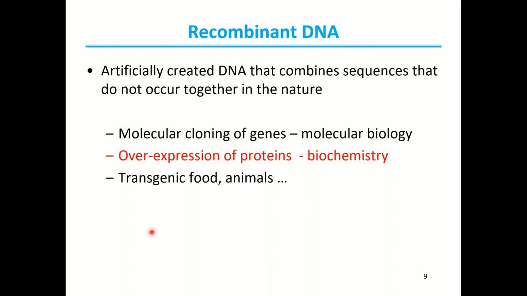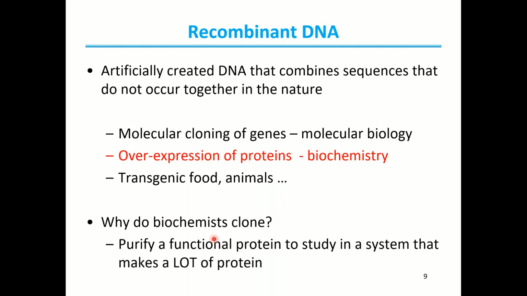And you can even do that sort of thing with animals. Animals that you study in lab are transgenic, where you alter a gene of interest in that animal to do some sort of study.